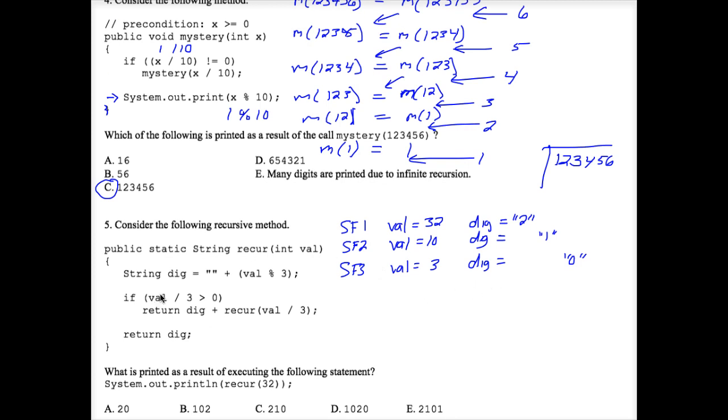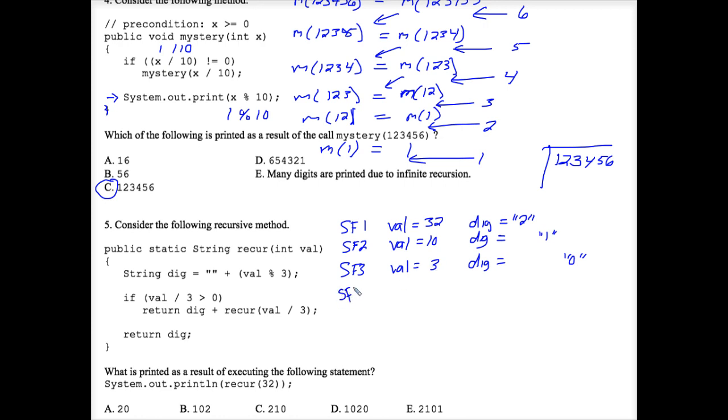I caught myself saying that 3 divided by 3 is 0. It's not. 3 divided by 3 is 1. And 1 is indeed greater than 0. So we do execute this line of code, which says concatenate dig to the recur of val divided by 3. So we have to go to stack frame 4.